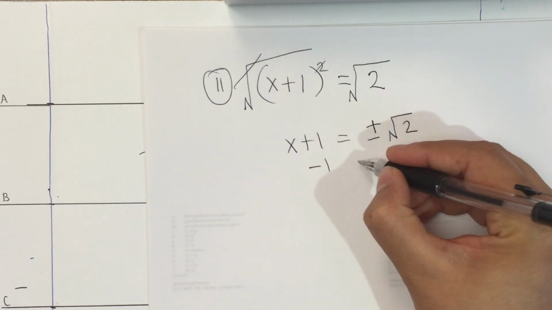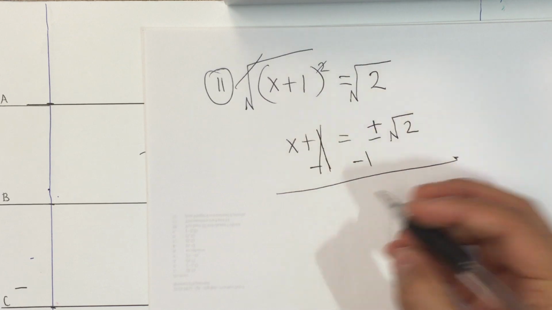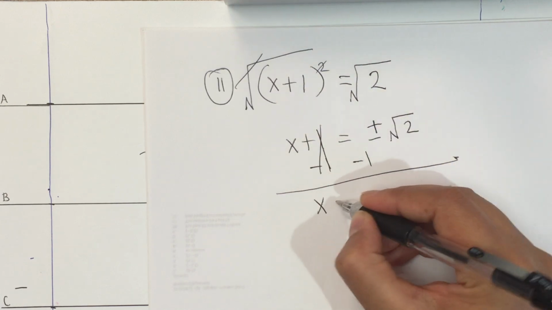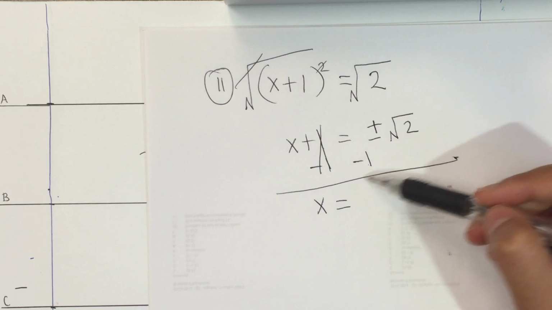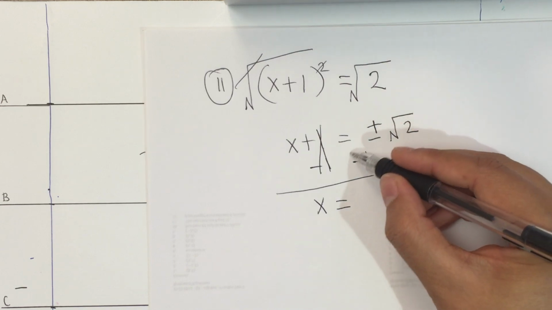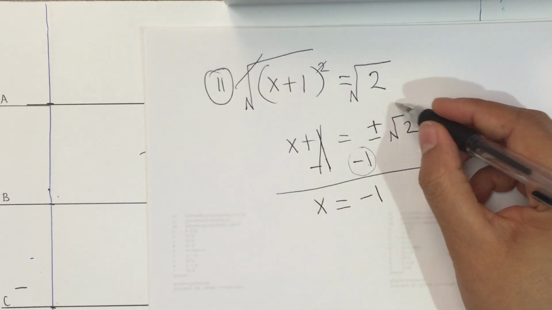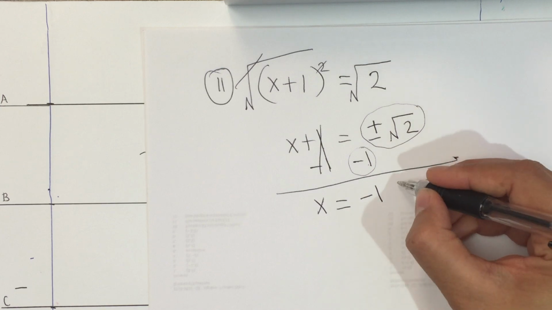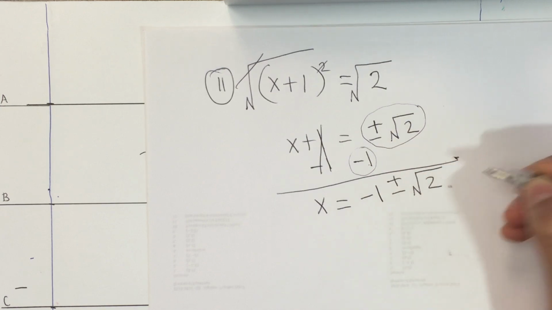Then we cancel the minus 1, so that we can cancel this. And so x equals, we can never combine a whole number with an irrational number. So we're just going to bring down this negative 1 in here, and then write this whole thing in front of it, plus or minus the square root of 2.